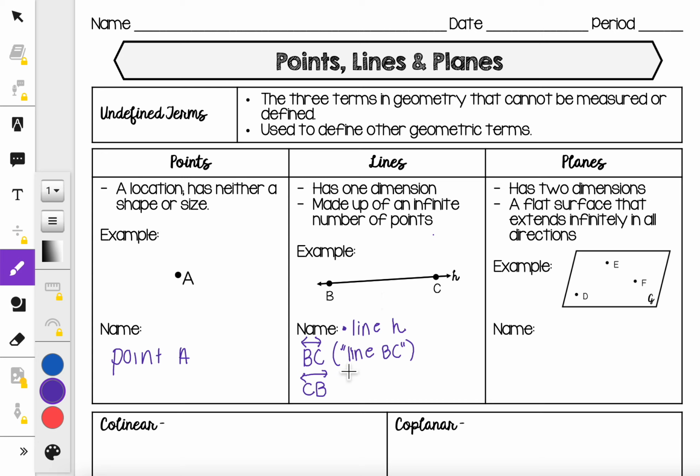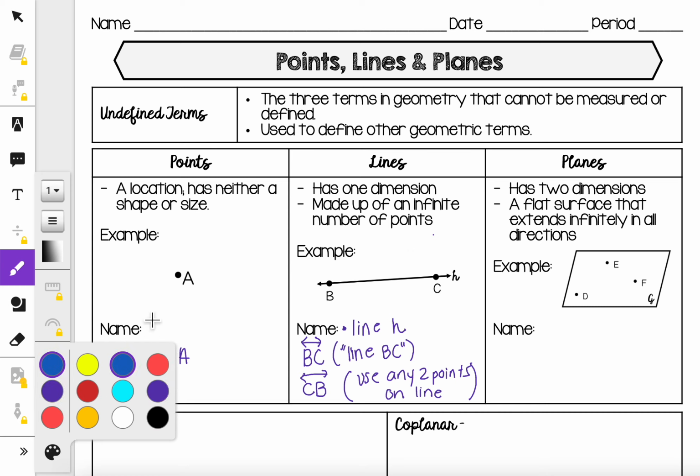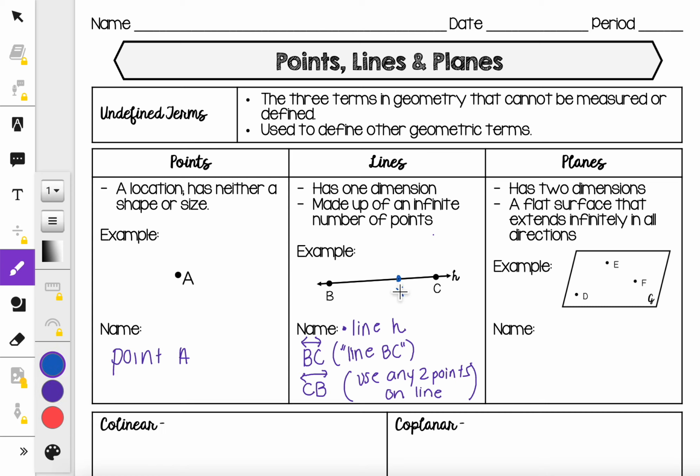So you want to use any 2 points that are on the line. For example, let's say there was a point X here. I could call this line XC, and it is the same line as line BC and line CB. Just a different way to name it.